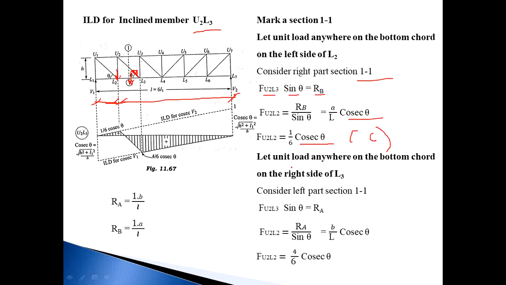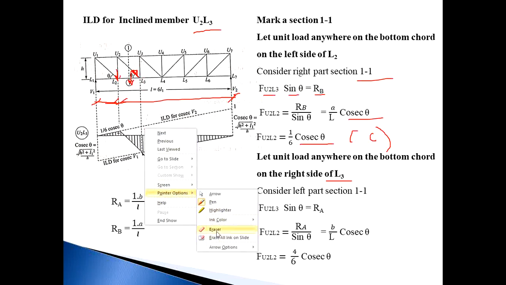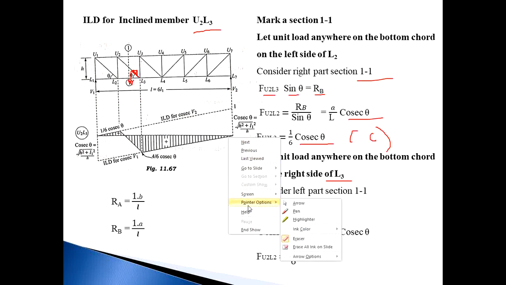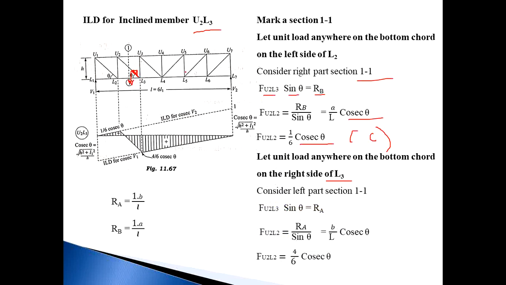Then next, the load moves anywhere on the bottom chord on the right side of L3. Now your load is shifted to the right side of L3. So on the right side, the forces are two: the unit load, and second, the RB.